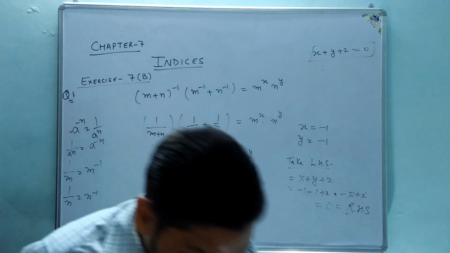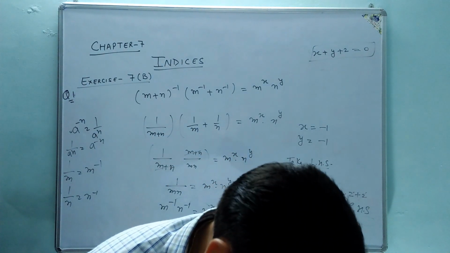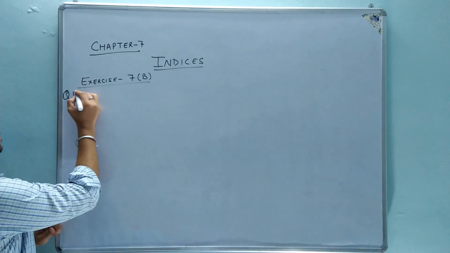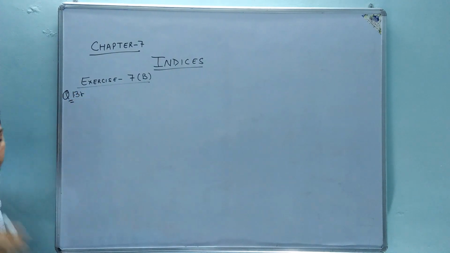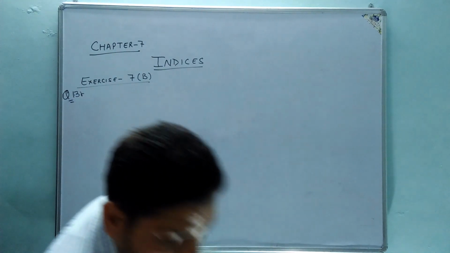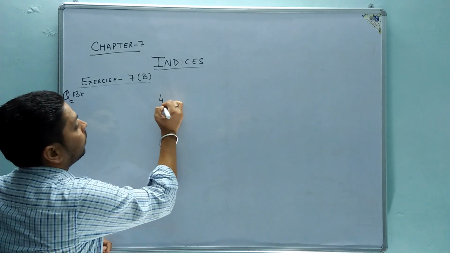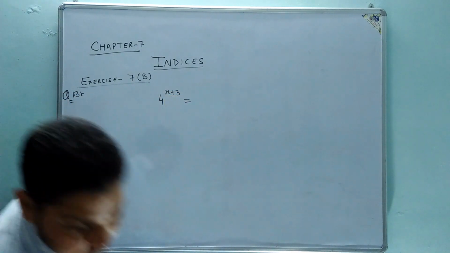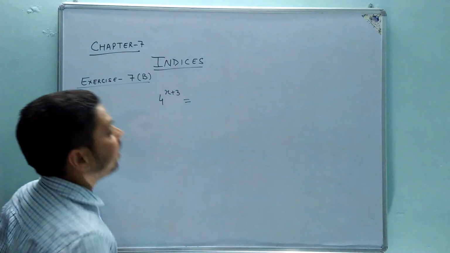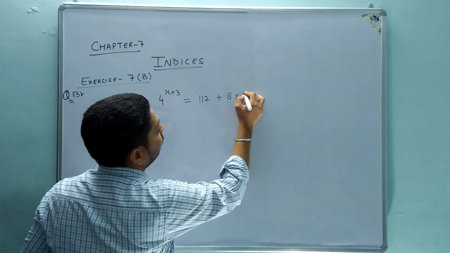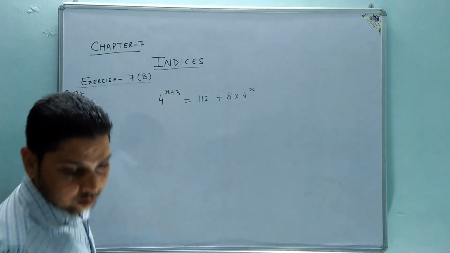Okay. Then we have question number 13. What is given in question number 13? 4 raised to power x plus 3 is equal to 112 plus 8 into 4 raised to power x.